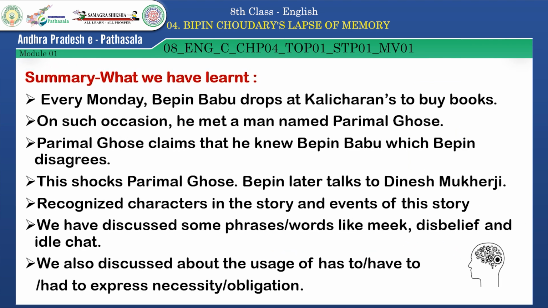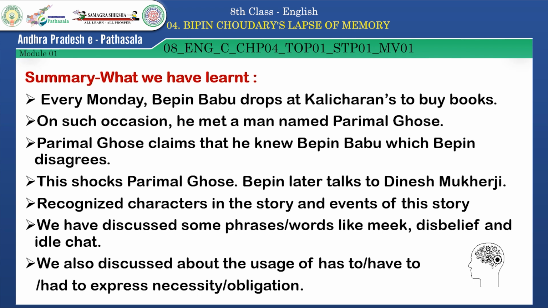Now here comes the summary and what we have learned. Every Monday, Bipin Babu drops in at Kalicharan's to buy books. On such an occasion, he met a man named Parimal Ghosh. Parimal Ghosh claims that he knew Bipin Babu, which Bipin disagrees. This shocks Parimal Ghosh. Bipin later talks to Dinesh Mukherjee.